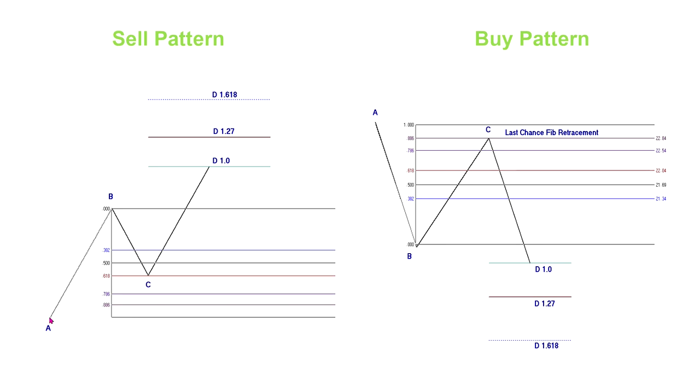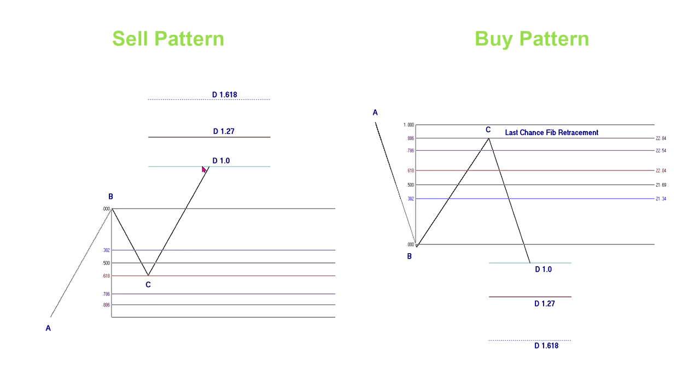So let's look at the structure. First of all, look at this and see that it forms like a lightning bolt structure. So we can think of that as a lightning bolt. You have a swing up, then you have a retracement, and then the next swing starts in the same direction as the first swing.